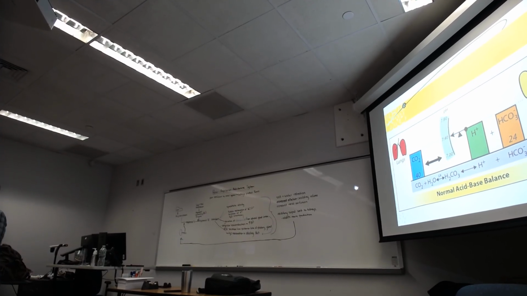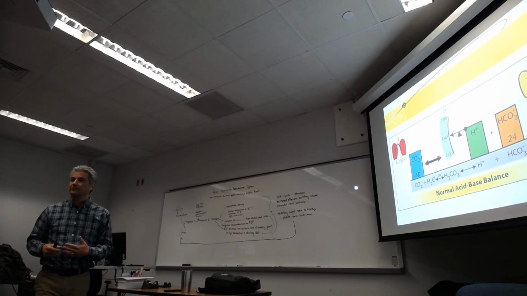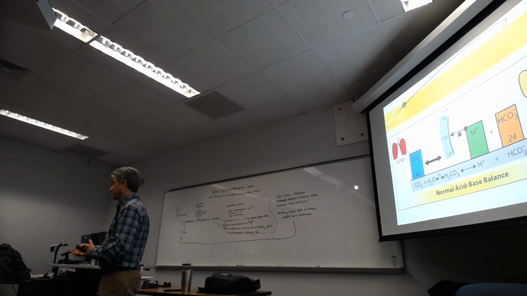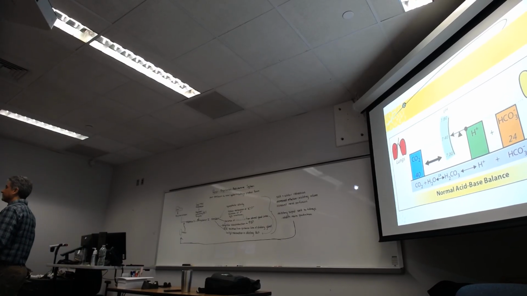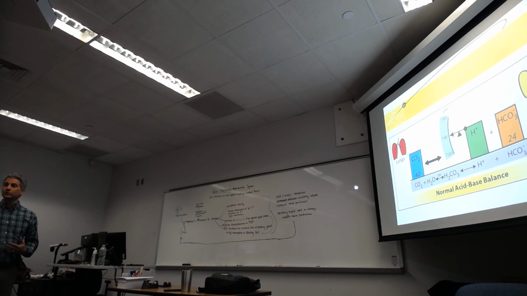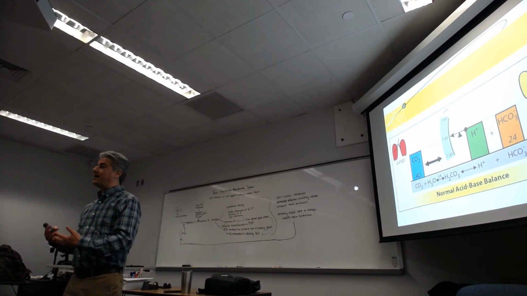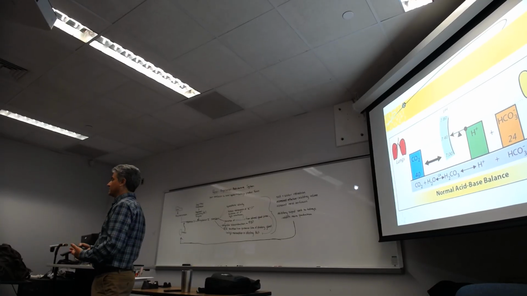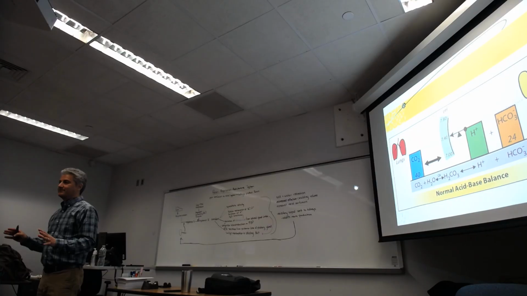So if I have somebody that's 7.35, is that more acidic or alkalotic? Acidic. Someone that's 7.45? Alkalotic. Someone that's 7.2? Acidic. Someone that's 7.5? Alkalotic. Okay, so you all have half of this figured out already.